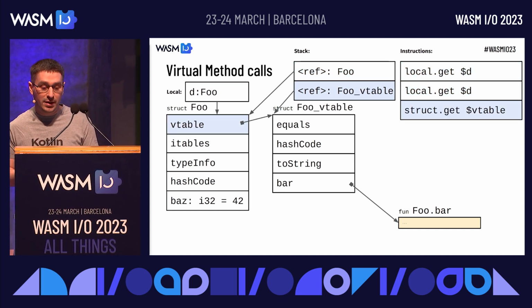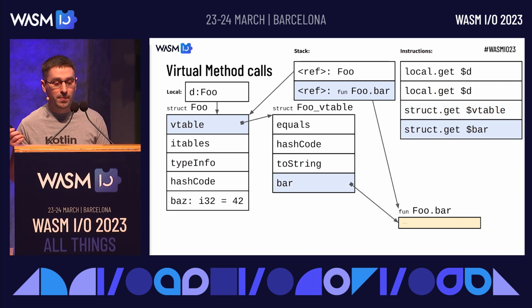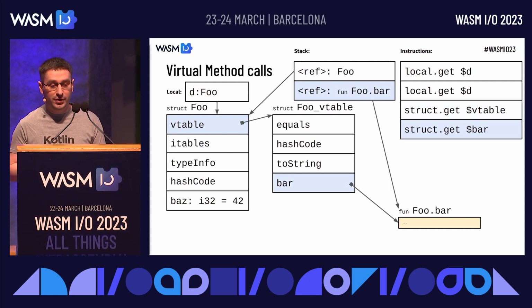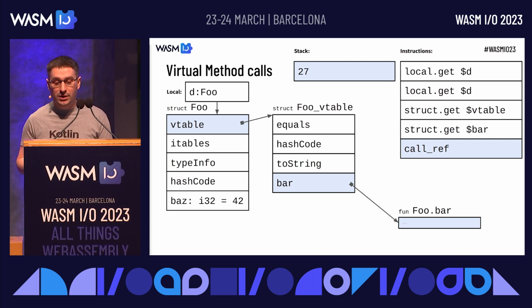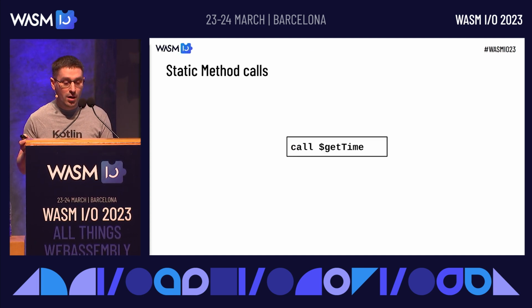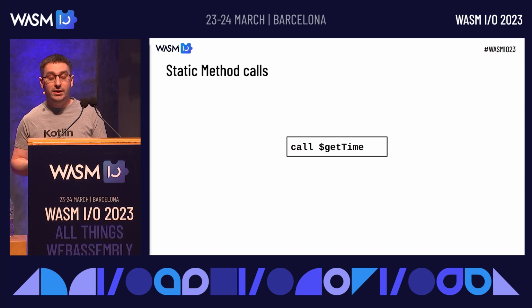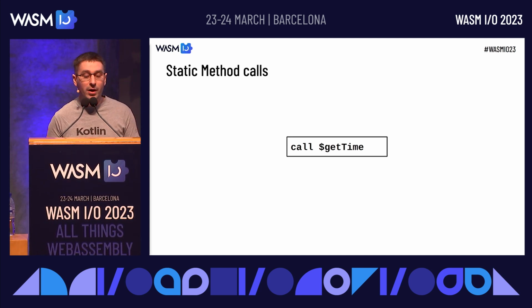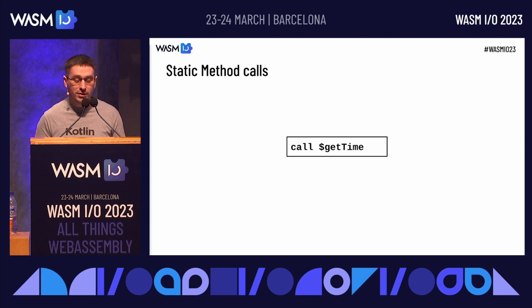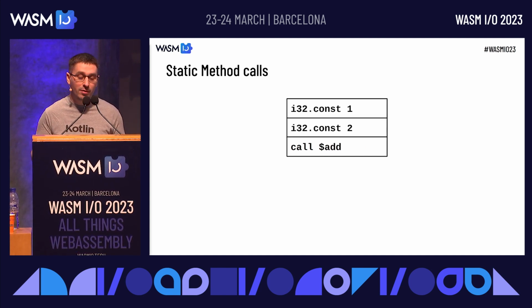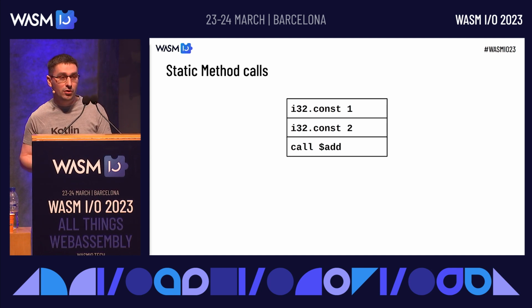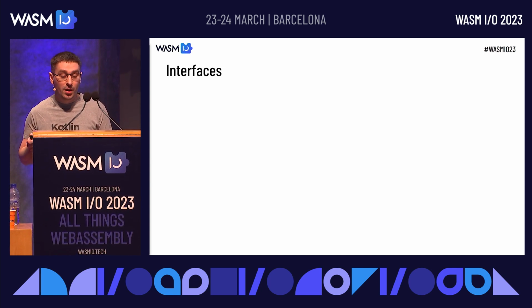Next, we read the vtable field from the instance, and then read bar from the vtable, and finally, we can call it and see the result on the stack. For comparison, a static call of a function we know at compile time is only one instruction. Of course, if a function has some parameters, we also need to put arguments on the stack before calling it.